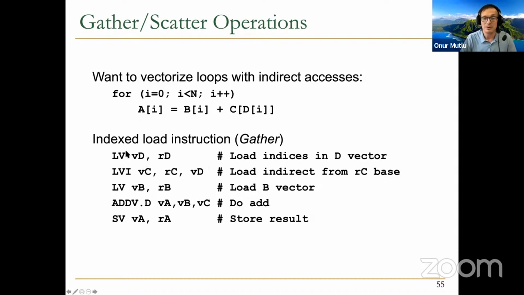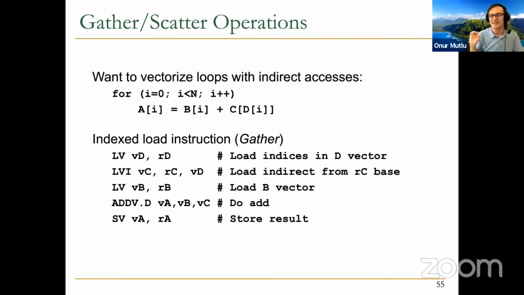What we will do is load the indices into the D vector. Then we're going to do a load indirect from C's base, using the D vector as the indices. Instead of incrementing the indices by 1, we're going to use another vector register, the D vector register, as the indices to increment the base address with.